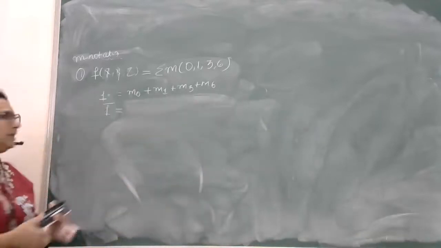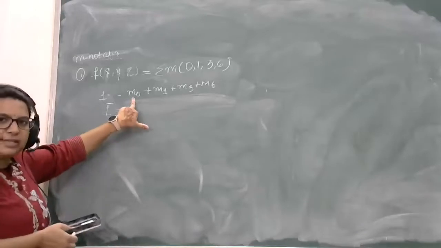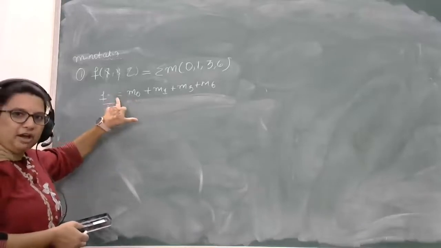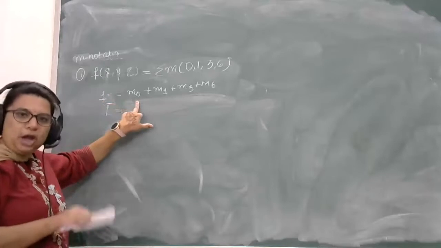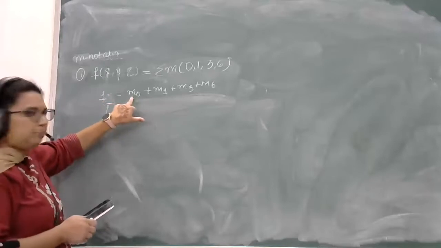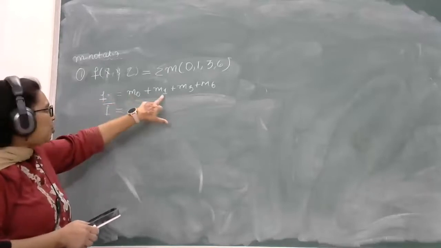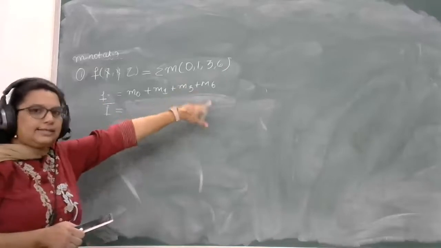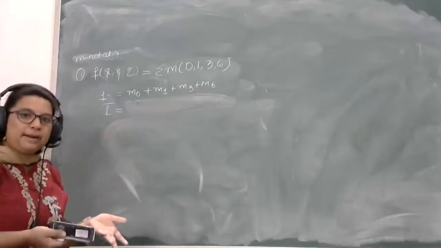What does this expression say? It says my function f has high output at input combinations 0, 1, 3 and 6. Now, what do you mean by the complement function?